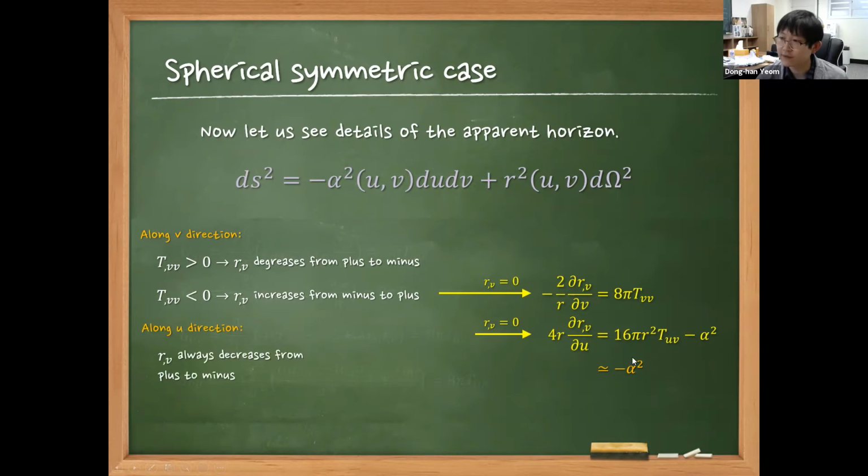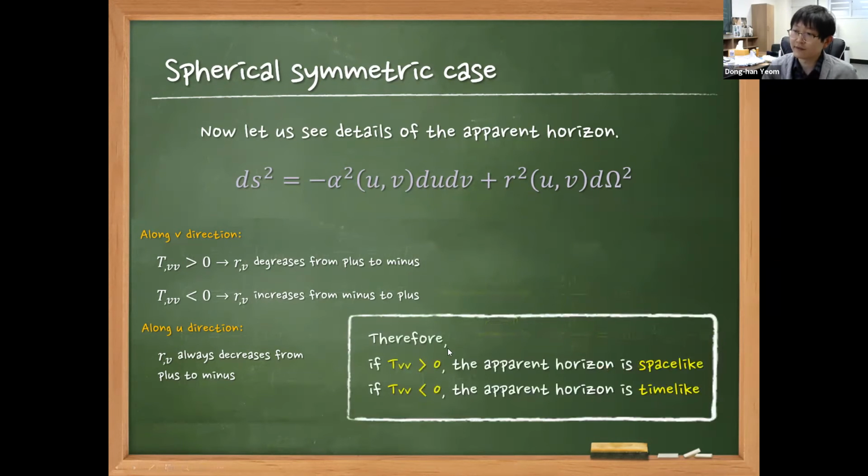Along the U direction, if you can ignore the TUV term, then you can notice that it is negative definite, so RV always decreases from plus to minus sign. Please sit down at your desk and draw all the possibilities. Then from all of this information, you can decide that if TVV is greater than 0, then the apparent horizon is space-like.